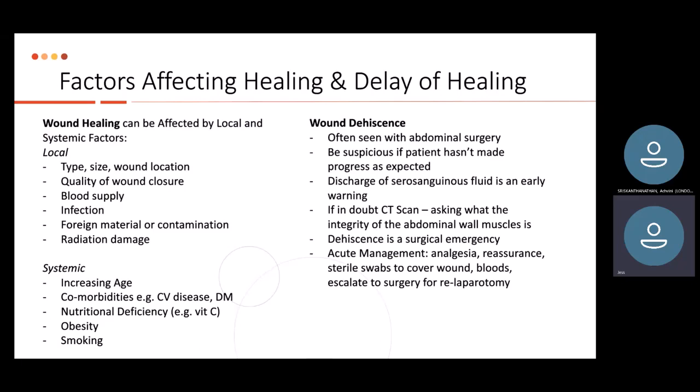This can be an early warning sign. If you're not sure, you can do a CT scan to see if the abdominal wall muscles are intact, and it's a surgical emergency. So if you do suspect it, acute management would be an A to E approach, analgesia, swabs, bloods, and probably need surgery for relaparotomy and either primary or secondary closure.